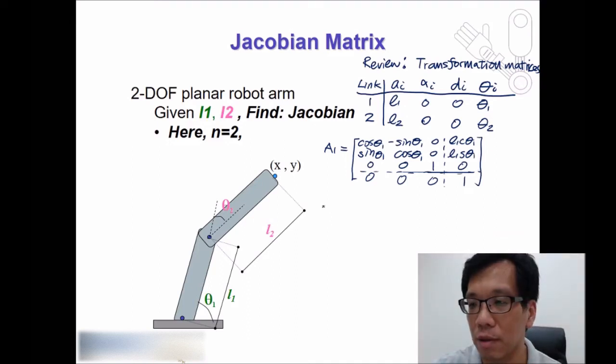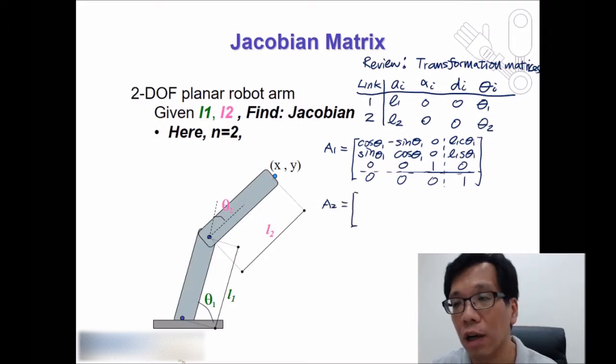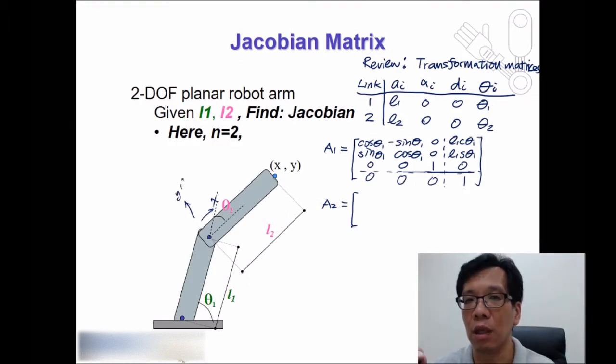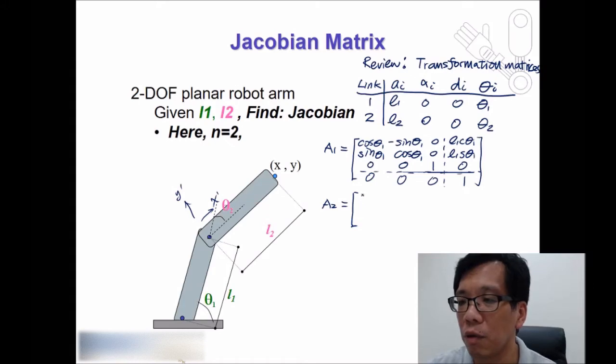And the A2 matrix is similar. Basically, you can just copy all the components over here, because my coordinate frame becomes something like this. This is something we learned in module 2. So over here, we have cosine theta 2, negative sine theta 2, sine theta 2, cosine theta 2, 0, 0, 0, 0, 1, 0, 0, 0.